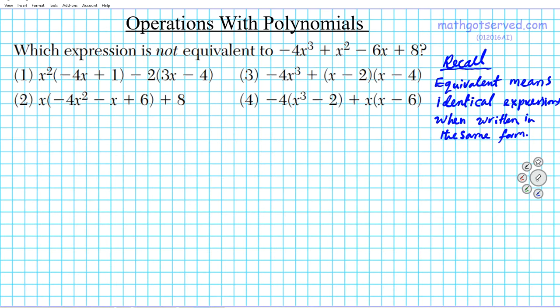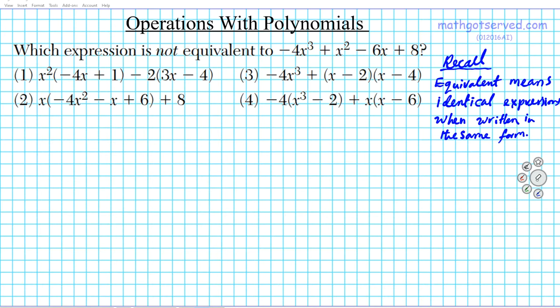Remember, to determine if expressions are equivalent, you have to convert them to the same form, either factored or expanded, or standard. So we're just going to make everything standard, so we have the same standard for comparison, and then it'll be easy for us to select the one that is not equivalent. We have 4 options here. Out of the 4, 3 are going to be equivalent and 1 will not be.